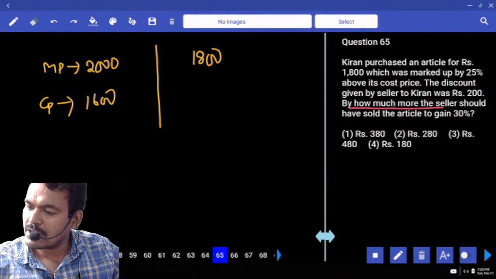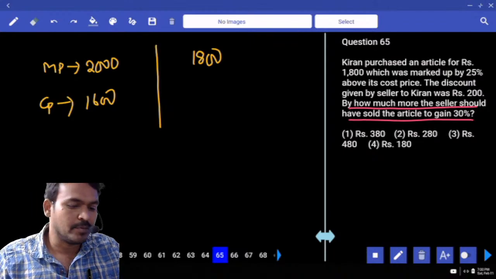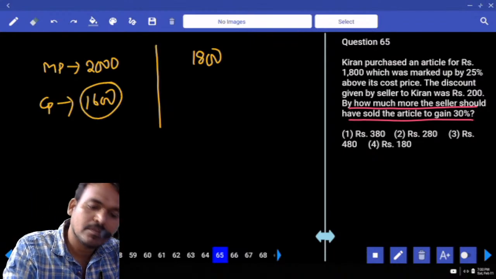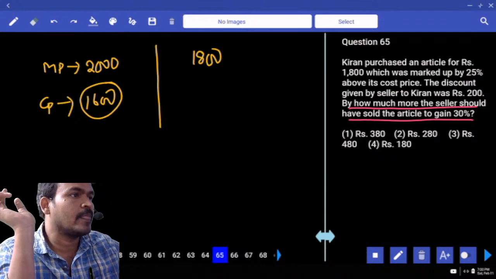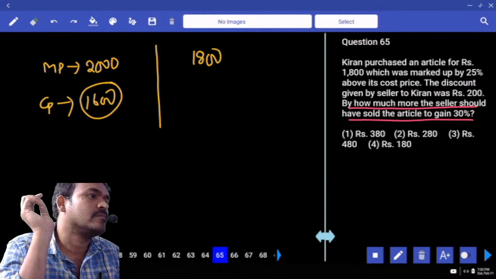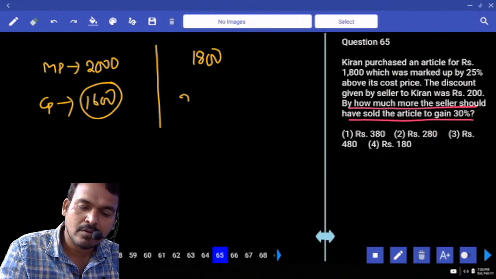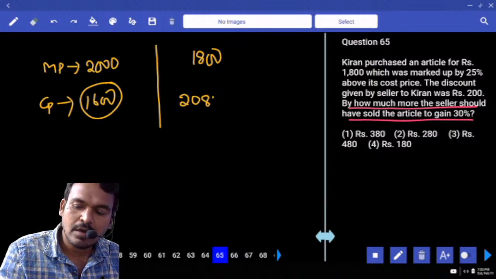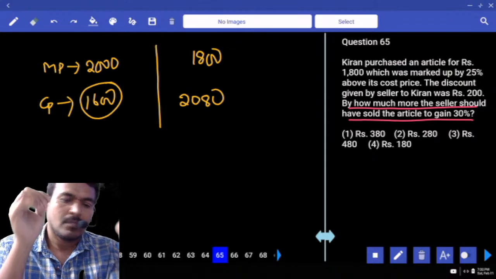Next, by how much more should the seller have sold the article to gain 30%? What is the cost price value? 1600. It is sold at 30% profit. What is 30% of 1600? 480. 1600 plus 480 is 2080.